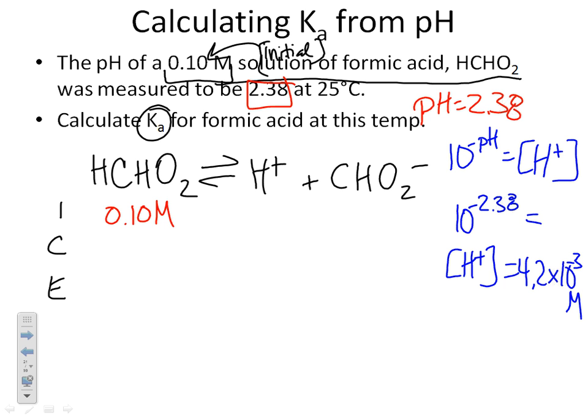We made the solution of formic acid at 0.1 molar, so that's the initial concentration. Then we measured the pH. You did not start by adding any hydrogen ion on its own into the flask, meaning the hydrogen ion concentration actually started at 0.